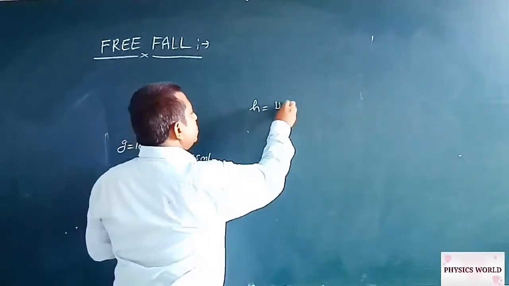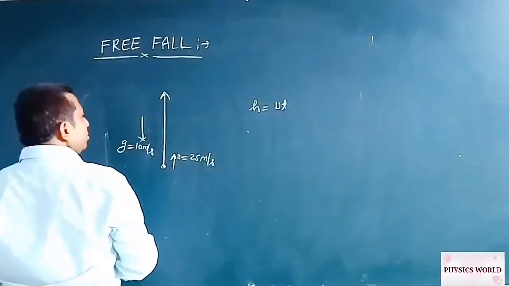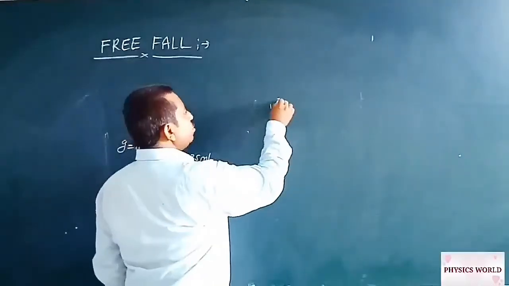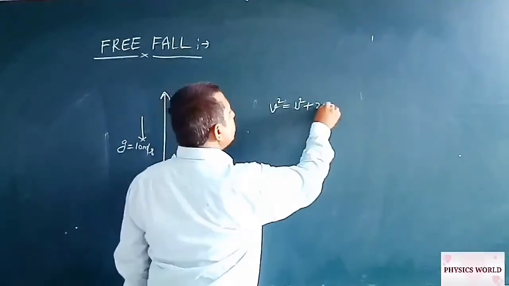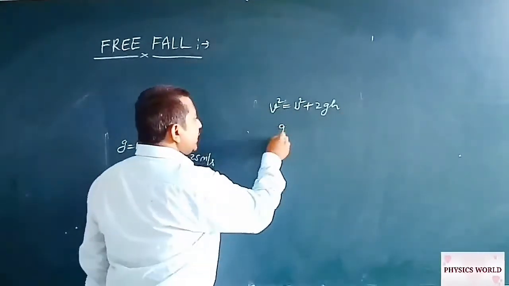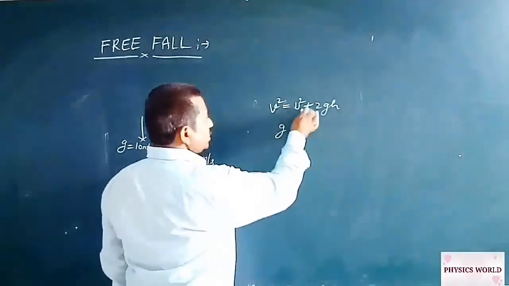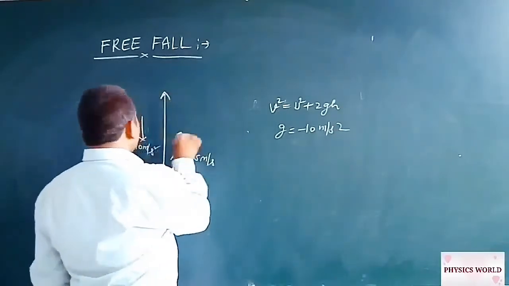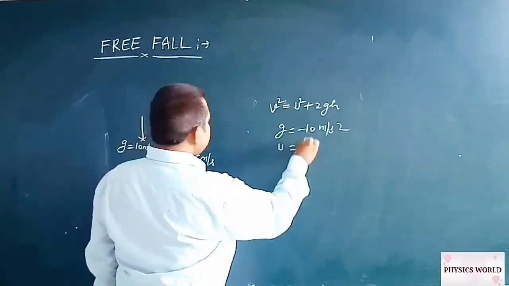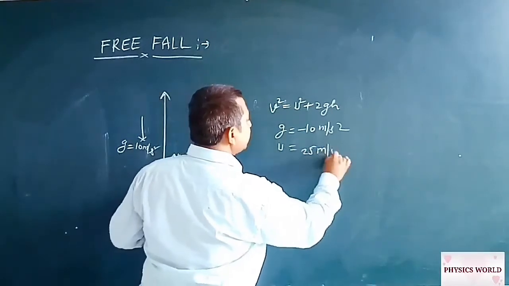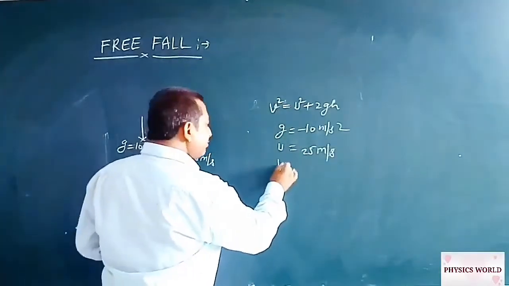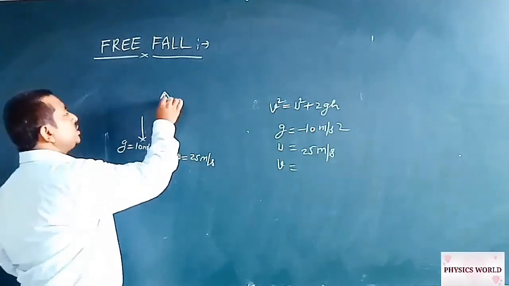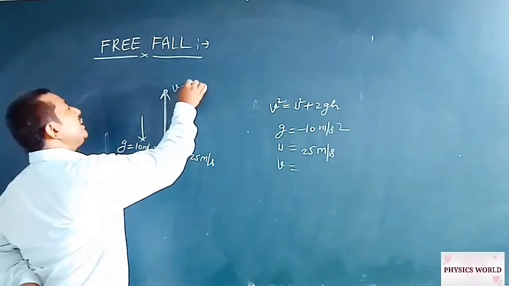The height attained by the particle is equal to ut plus half gt square. Now as we know that at maximum height the velocity becomes 0, so v square equal to u square plus 2gh. If we put g as minus 10 meter per second square here, and the initial velocity by which the object is thrown, u, is plus 25 meter per second, then we can calculate how much height can be attained by the object, because at maximum height the velocity becomes 0.